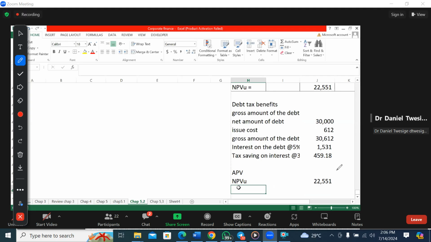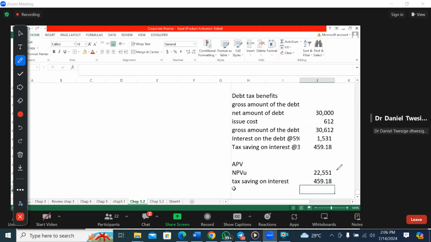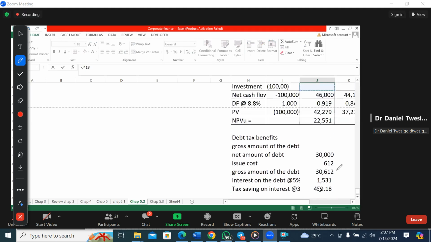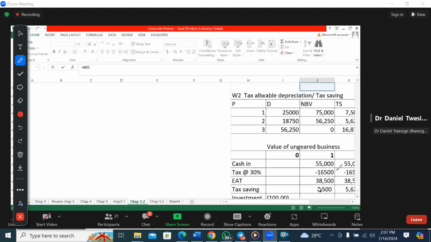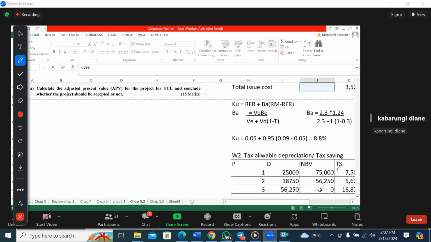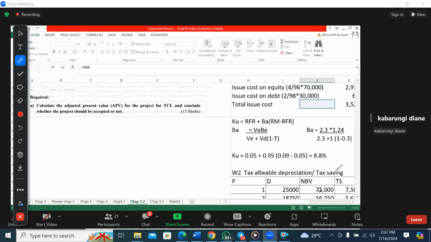We have the tax saving on interest, which is this. Then we have the issue cost, which we got as the issue cost on the debt. This is why I added the total, which is this.